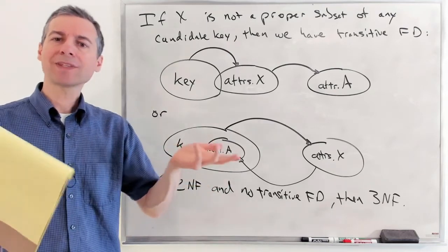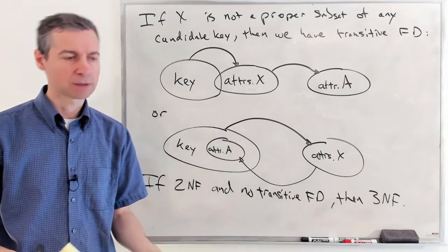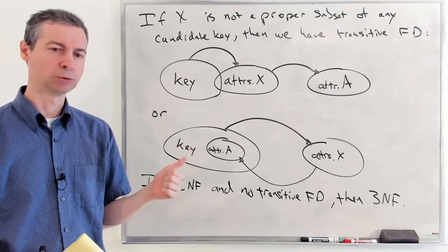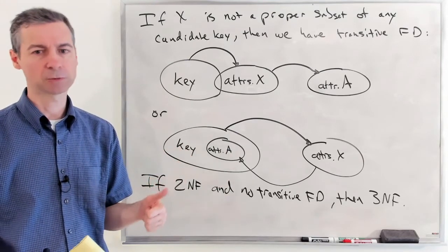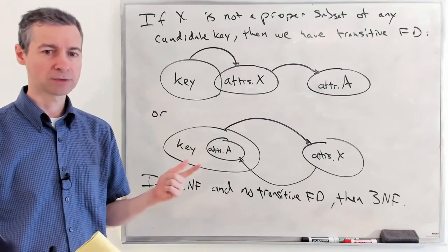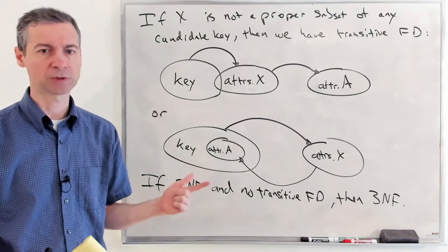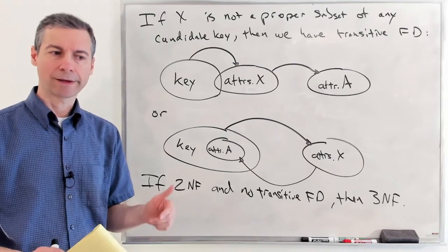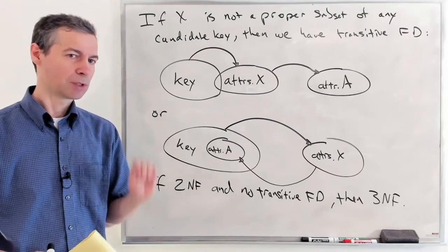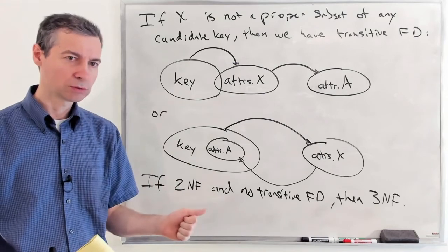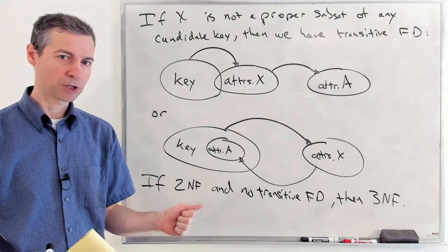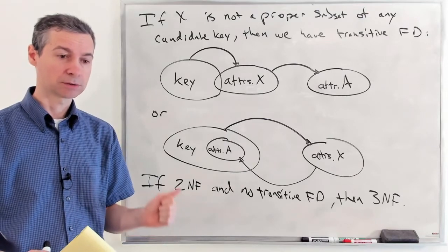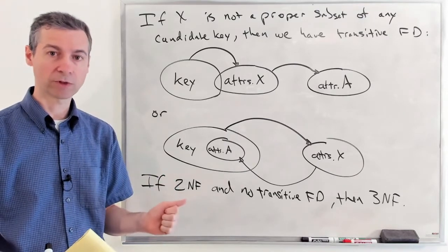Now what type of functional dependency is it? Is it a partial? Ooh, I'm not even in second normal form. Is it a transitive? Ooh, I'm not even in third normal form. Okay, but let's see. I've got functional dependencies, but I have no partial and I have no transitive. Ah, okay, so I'm in third normal form.